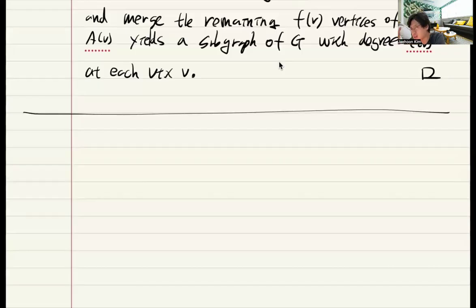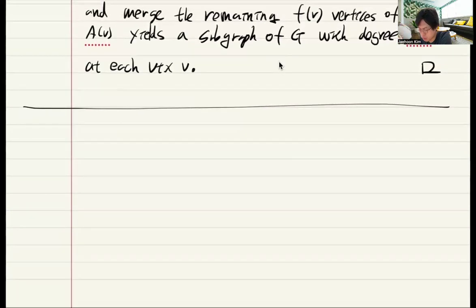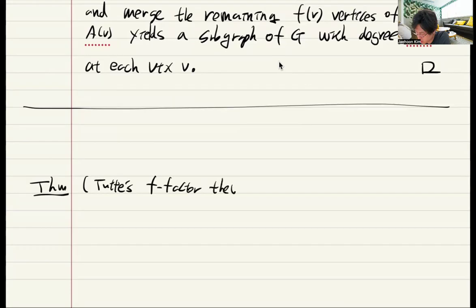Then using this idea and maybe a bit more work to make it actually work, we can prove the following theorem, which is called Tutte's f-factor theorem, which is about the existence of f-factors.